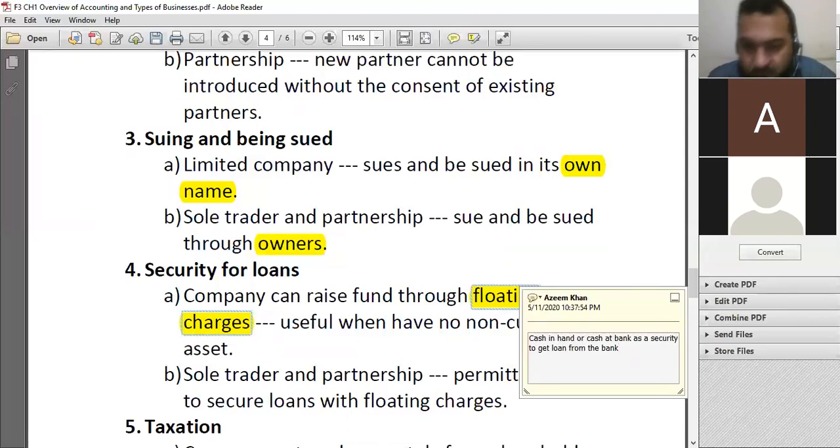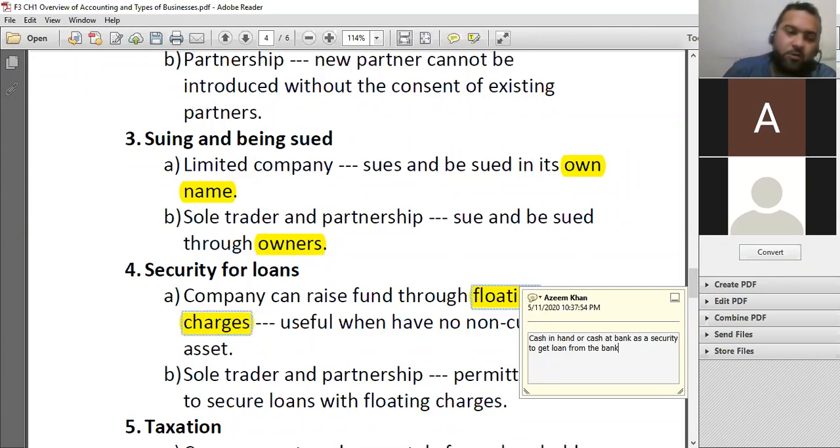When you are going to the bank for a loan, the bank will normally demand security from you, that you have to keep something with us, then we are going to sanction the loan to you, normally a non-current asset. Clear?